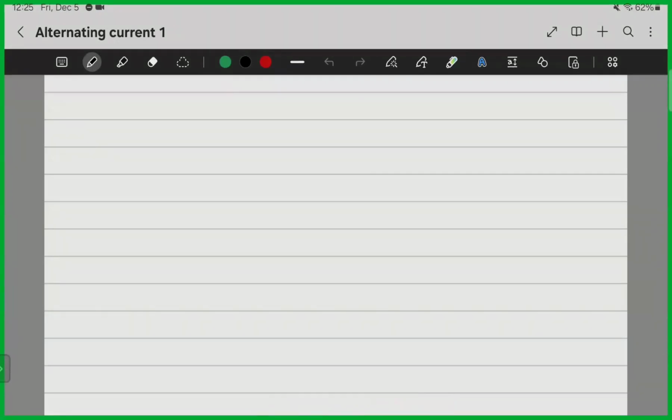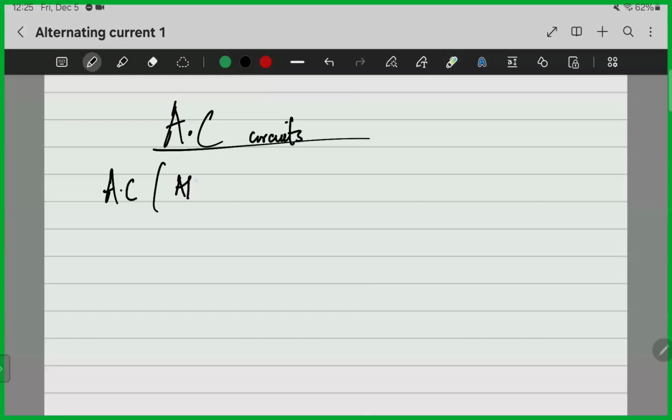So here, we'll start by talking about the AC circuit. I will establish that an AC circuit is dealing with alternating current.